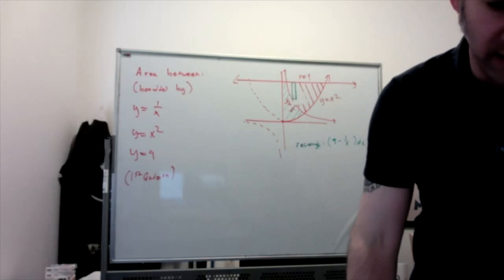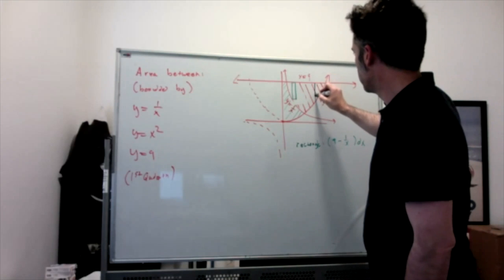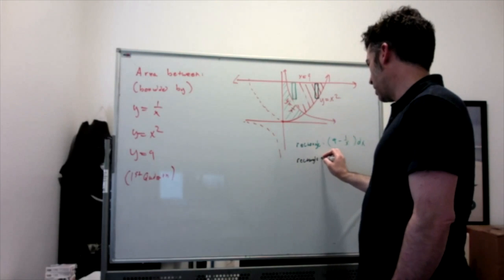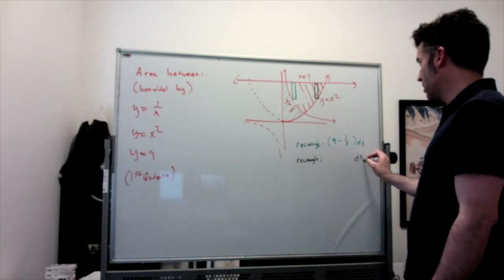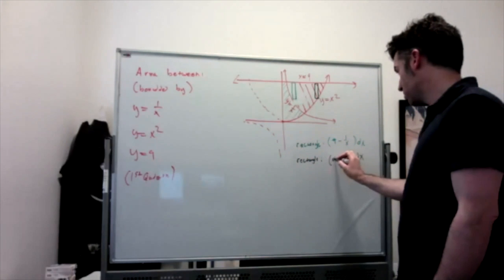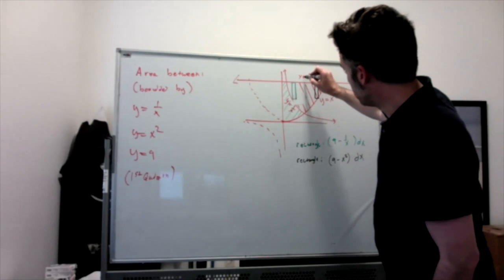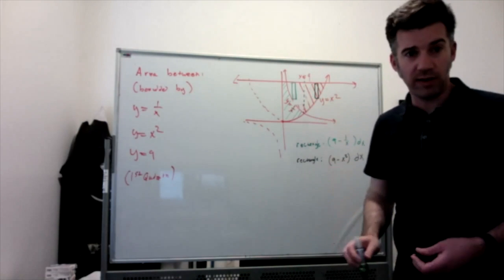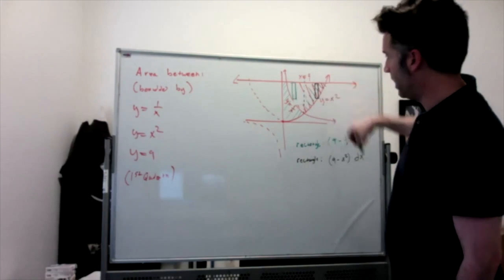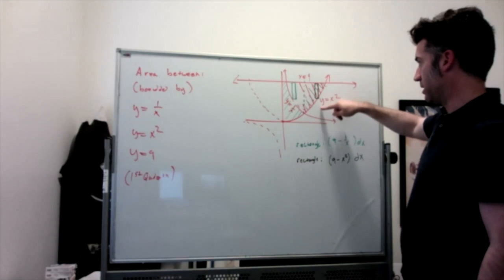And then this other rectangle, which I'll draw in black, over here, that rectangle has an area of, well, again, the base is dx, but the height is now 9 minus this lower function, which is x squared. So those are the areas of the rectangles. And again, I want to add up all the rectangles. So on the right side of whatever this point is, I'm going to add up all the rectangles where the height of the rectangle is 9 minus x squared.